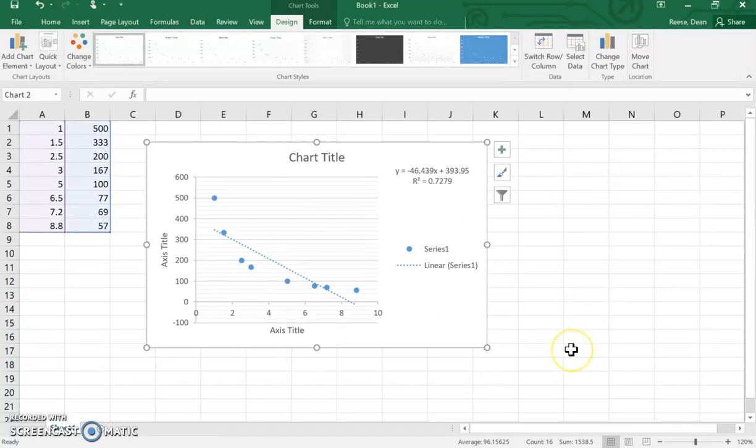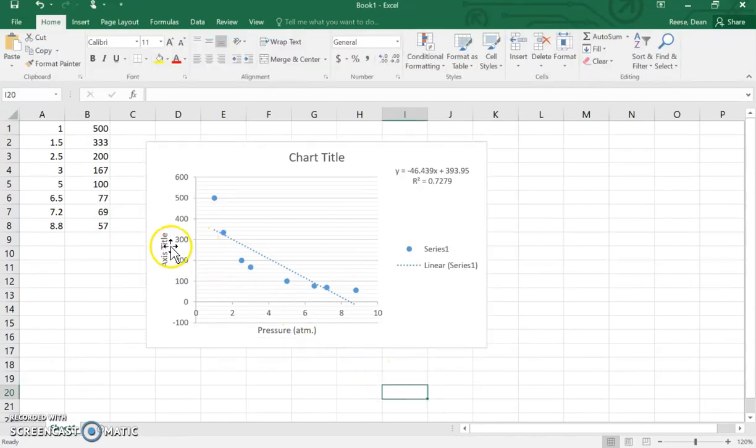Okay, it's not done yet. For instance, this axis title needs to be updated. So remember, this is pressure, and then you put the unit in parentheses, so pressure in atmospheres. And you can do the same thing for volume, and you can do the same thing for the title.